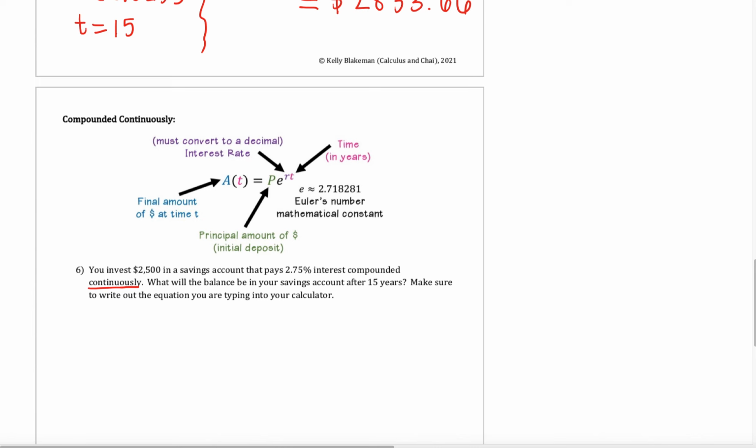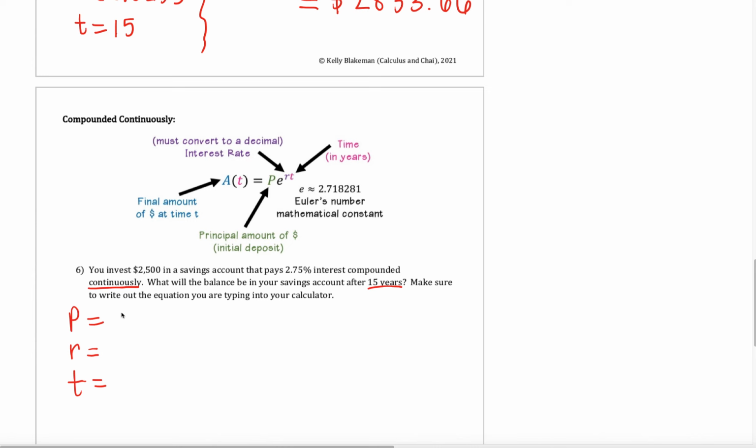We're then asked, what will the balance be in the savings account after 15 years? So why don't you guys write down what your principal amount of money is that we're depositing into the savings account. Also write down your interest rate converted into a decimal. And lastly, write down the amount of years that we are investing this money. Okay, so let's check that.